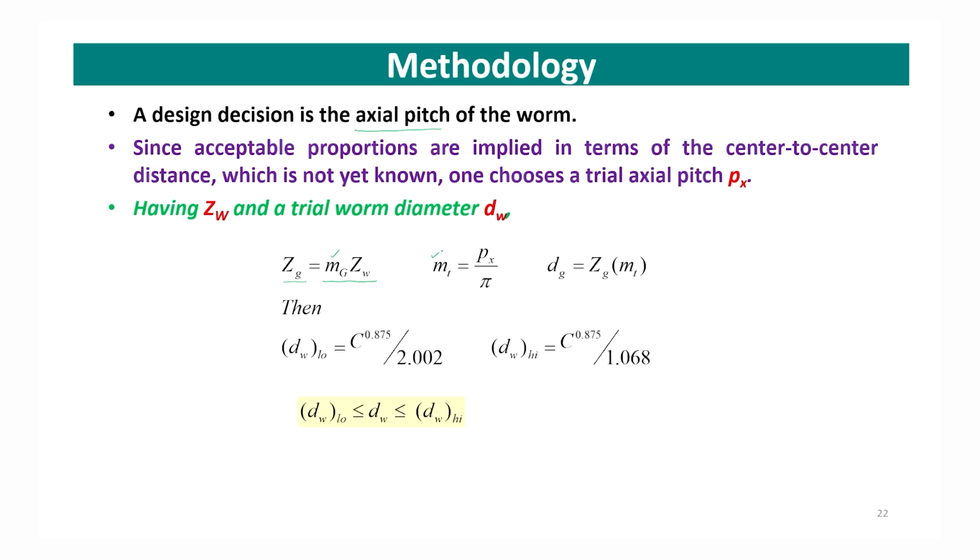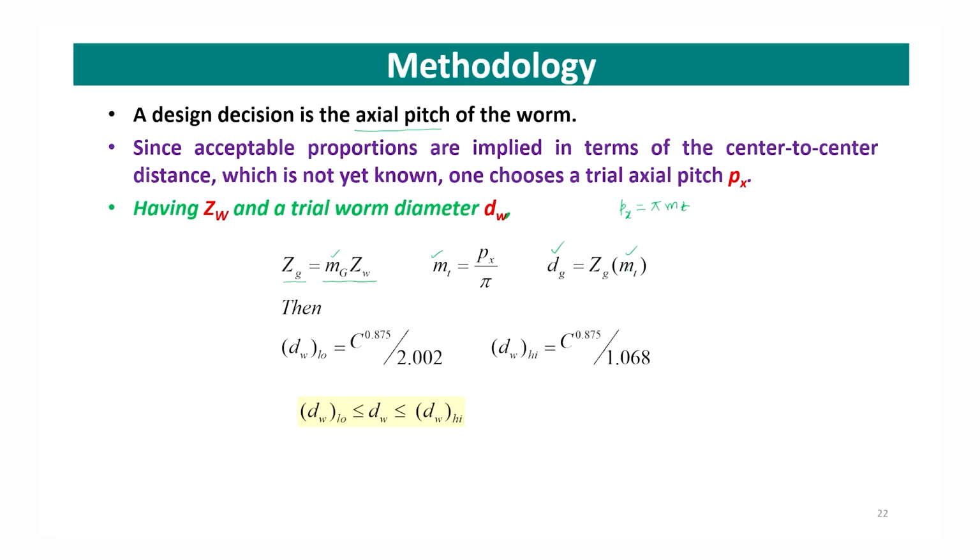The module is equal to axial pitch divided by pi, because we know that axial pitch Px is equal to the circular pitch of the gear, that is pi multiplied by the transverse module Mt. So, we can find the required module, which is equal to Px divided by pi, and knowing the module we can find the pitch circle diameter of the gear, that means Zd multiplied by the transverse module.